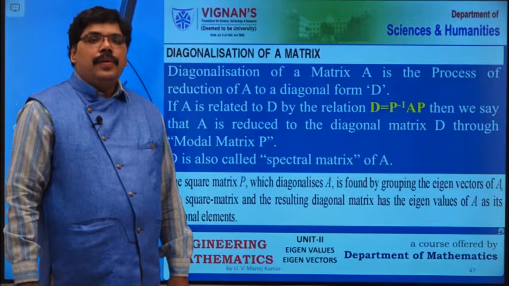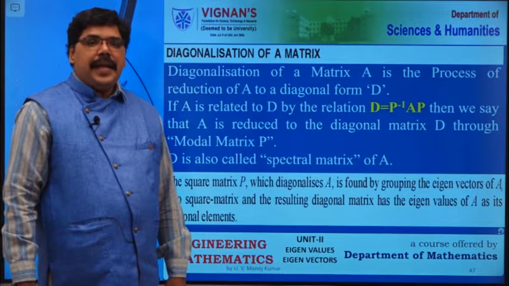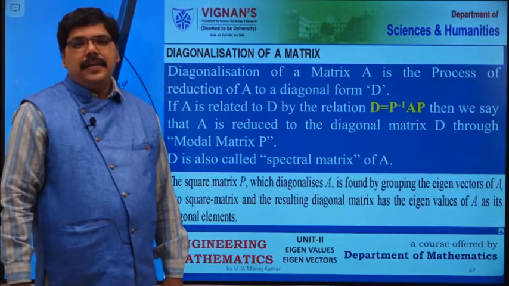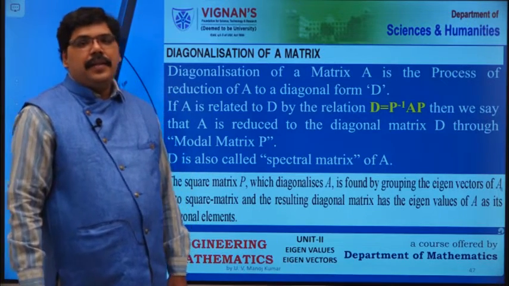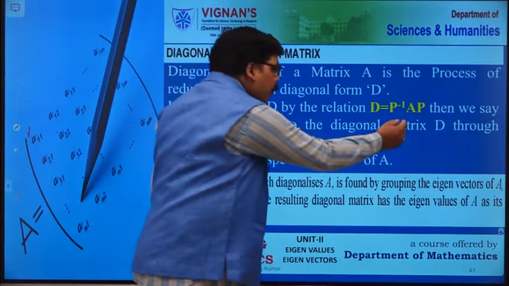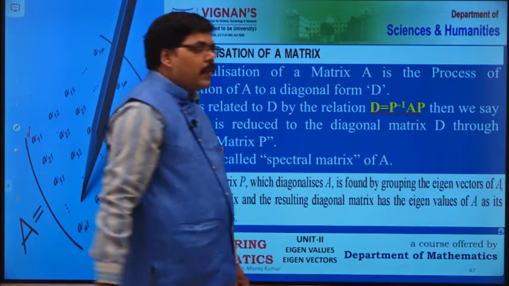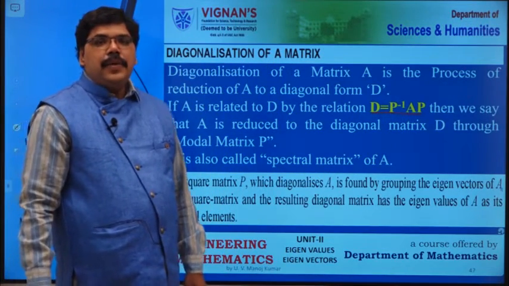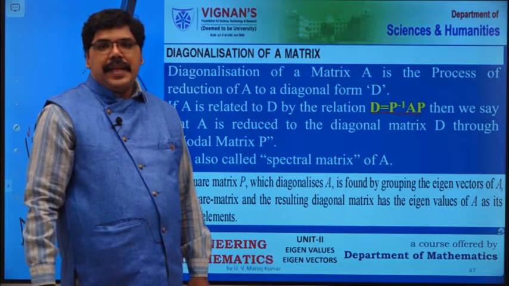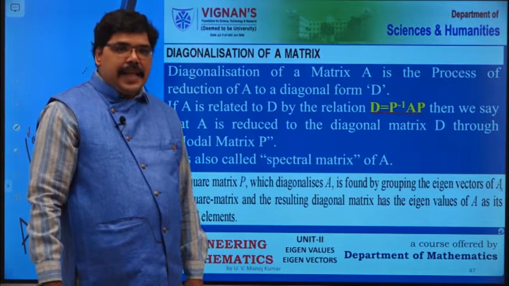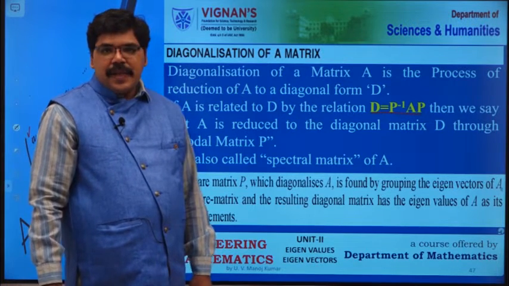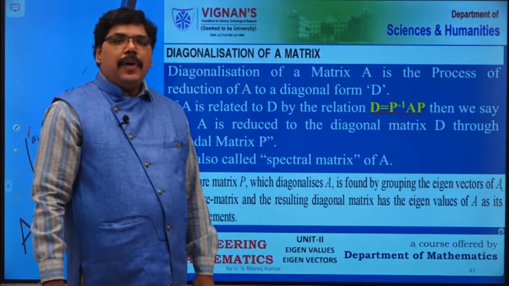So, for reducing the matrix A into a diagonal matrix, I use the relation D equals P inverse AP. What is A? A is the given square matrix. And what is D?